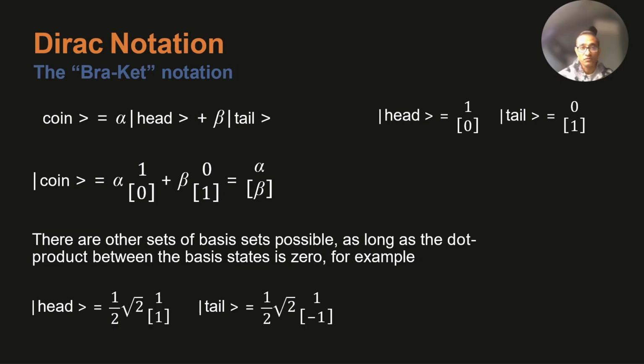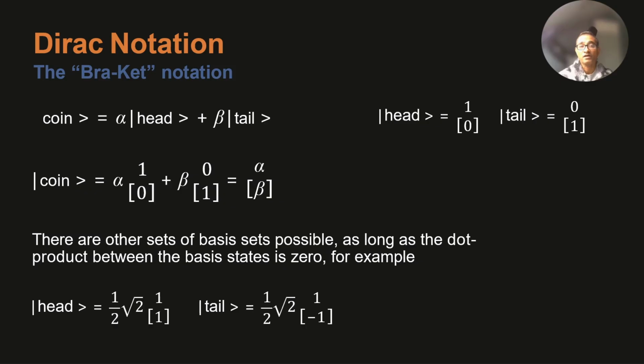So therefore, to summarize, the coin flip can be represented in the quantum base states. Head can be called 1, 0, tail can be called 0, 1, and it can have its own amplitude coefficients of alpha and beta. And this is not the only representation which is possible.